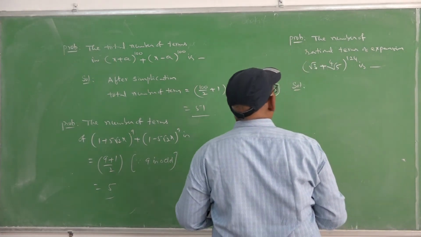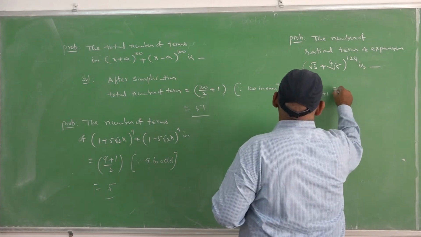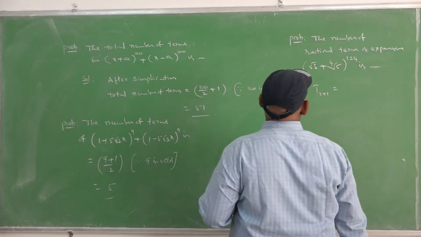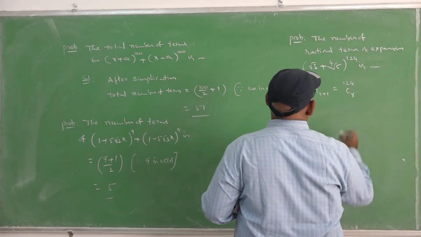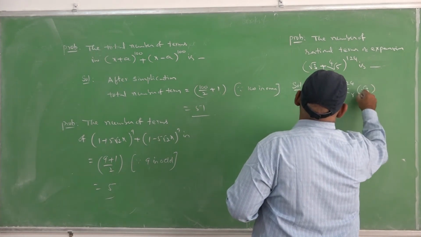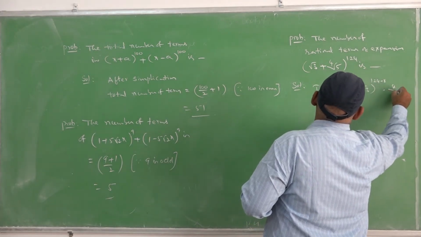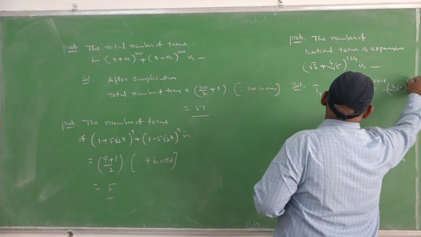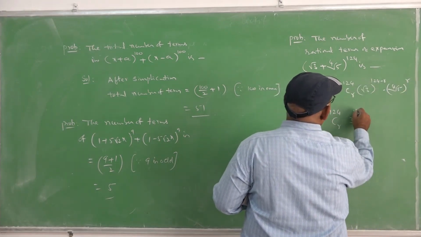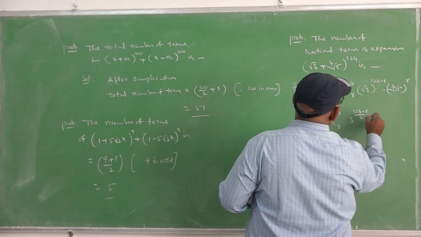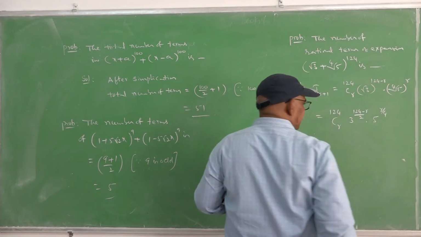So at first write the general term of the expansion. The general term is 124Cr (√3)^(124-r) (⁴√5)^r. On simplification, 124Cr 3^((124-r)/2) 5^(r/4).